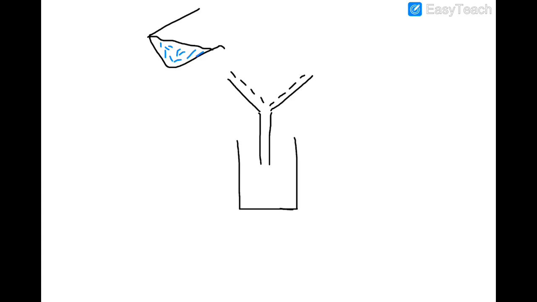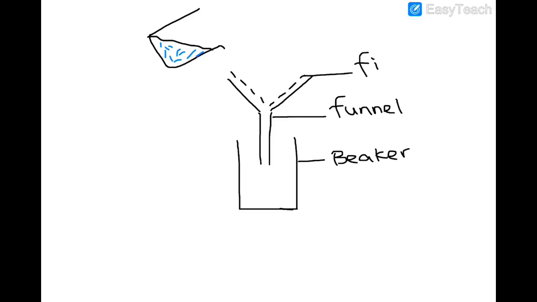So this is how a filtration setup looks like. Here you have a beaker. Then this is called a funnel. On the funnel, we will place a filter paper over here.